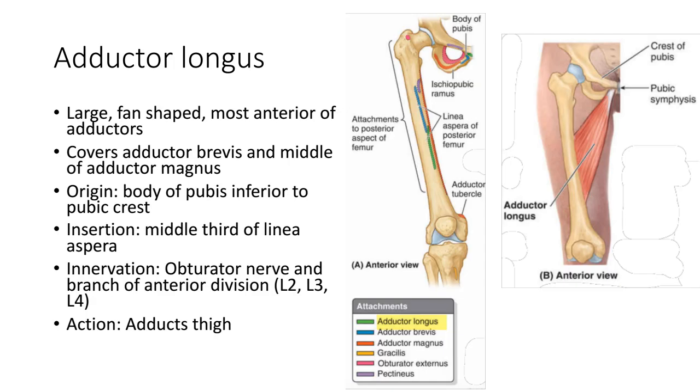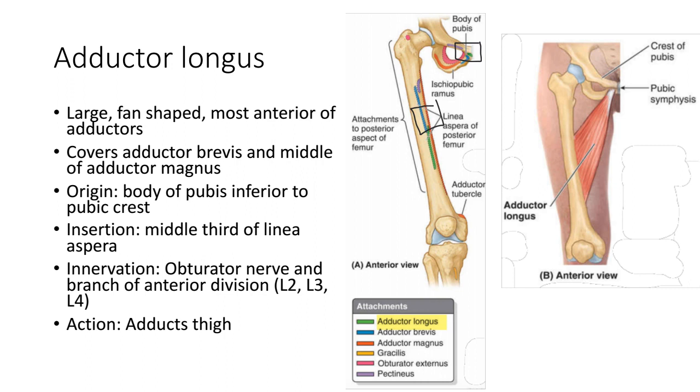The adductor longus is a large fan-shaped muscle that is the most anterior of all the adductors. It covers the adductor brevis and the middle of the adductor magnus. It originates on the body of the pubis, just inferior to the pubic crest, and then it inserts on the middle third of the linea aspera of the femur.